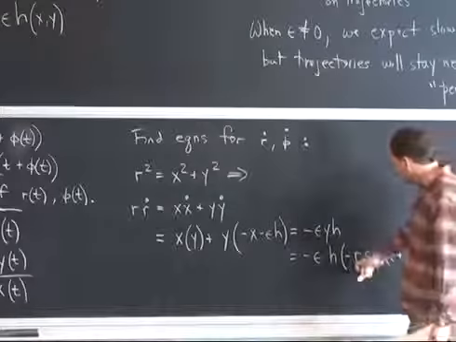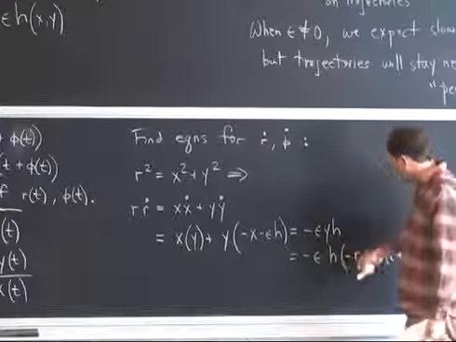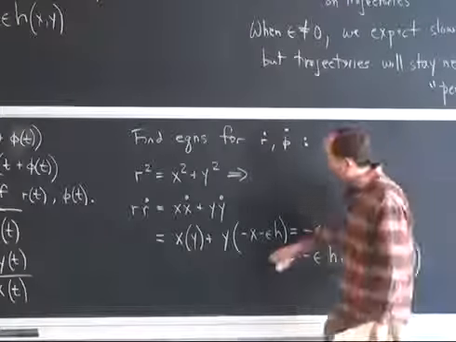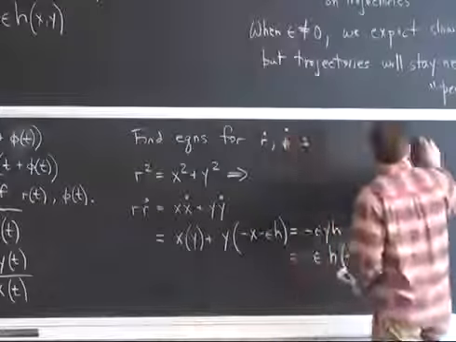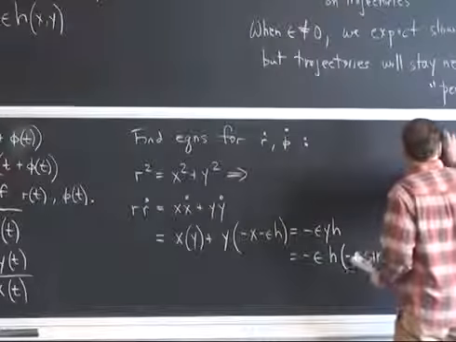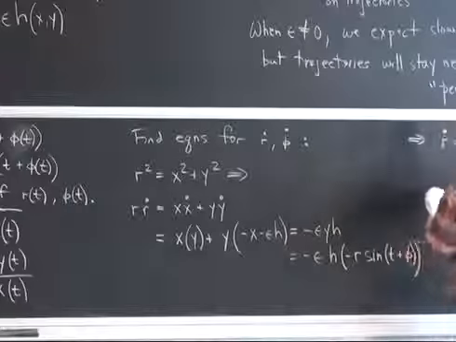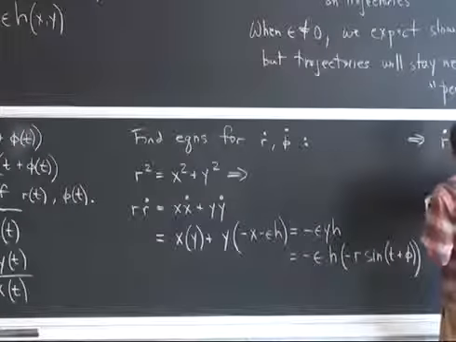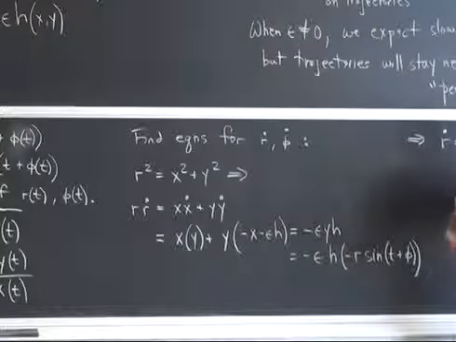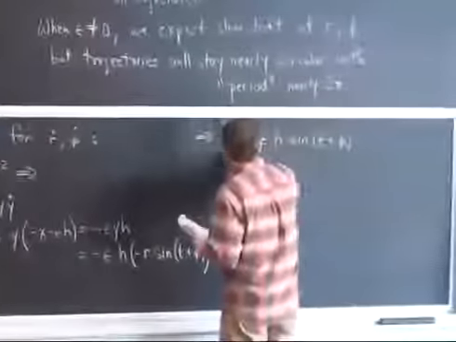And actually, we can cancel out this r with that r. And we end up getting r dot is epsilon h sine t plus phi. And let's put that in a box.